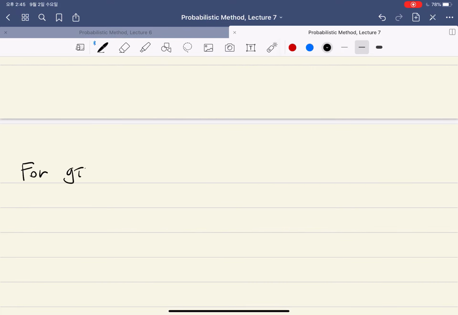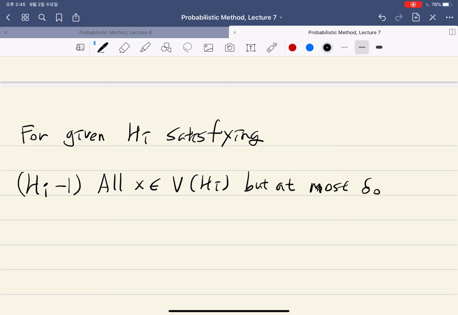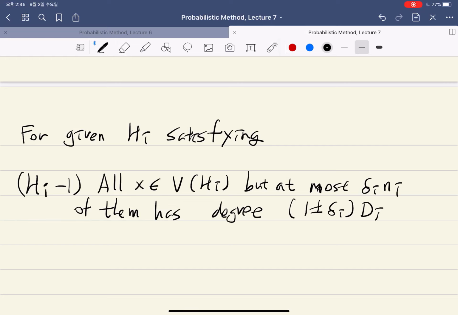So assume we have a Hi which satisfies the following conditions. Condition 1: all x in Hi, but at most delta i Ni vertices, have degree 1 plus or minus delta i times Di.